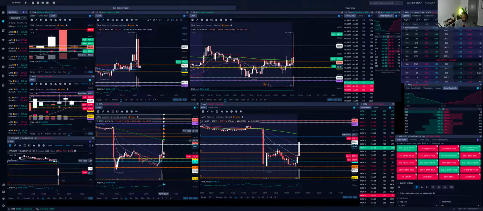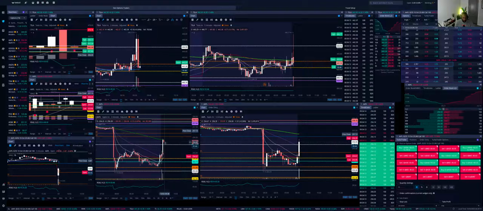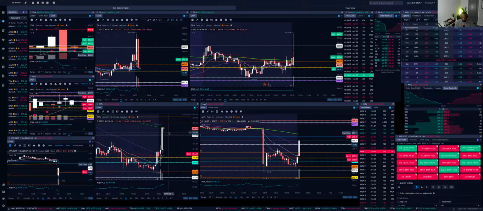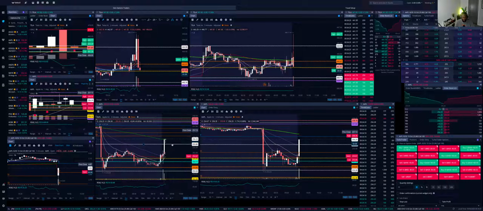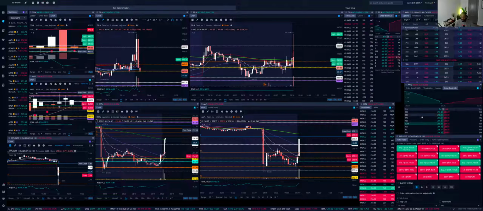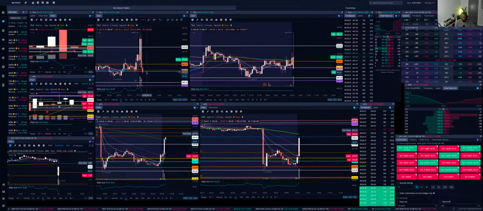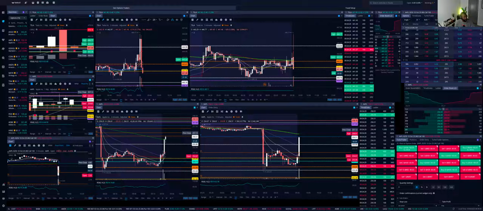Because the question was, is this going to be resistance? Regardless if it breaks, we still got this 200. Is this going to be resistance? It doesn't look like it. It looks like we're going to get a move higher, honestly. See, look at that. You see this drop on Tesla? Yeah, man, let's go short on Tesla.